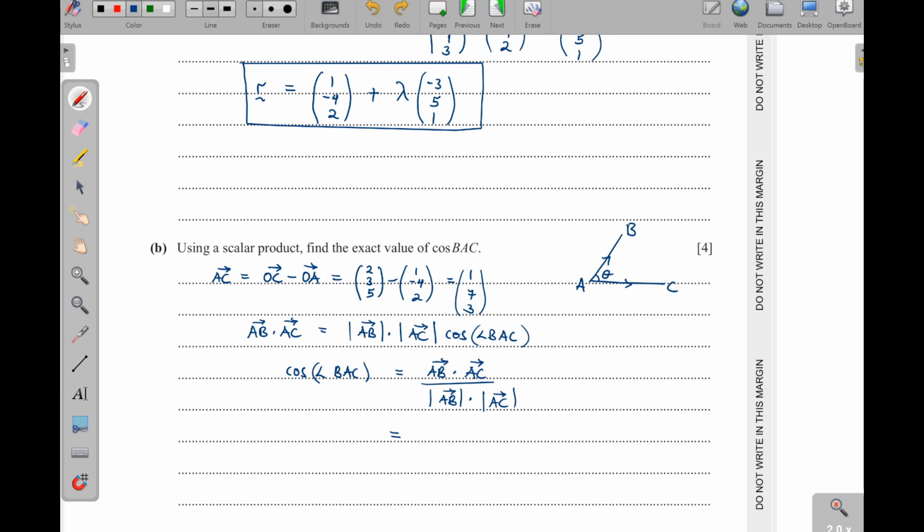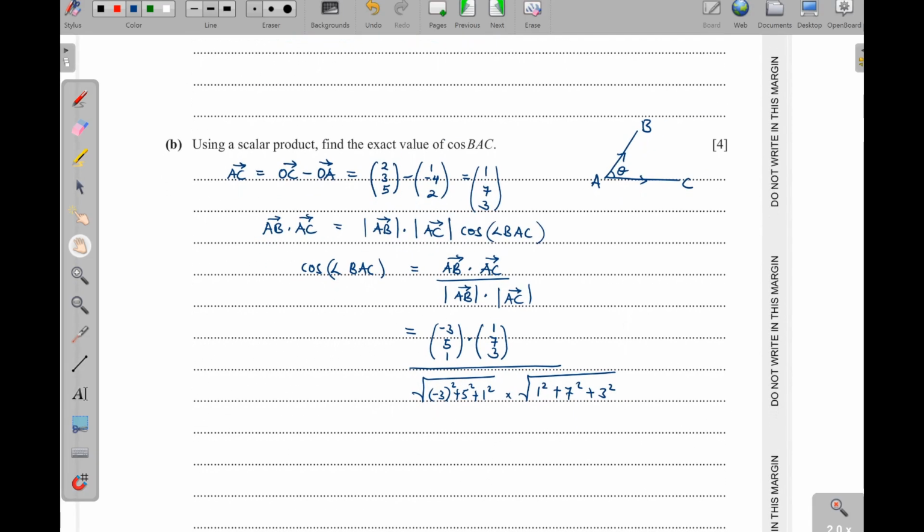What do we have? So what is our AB? It is (-3, 5, 1). We are dotting it with AC, which is (1, 7, 3). We are dividing by the square root of (-3) squared plus 5 squared plus 1 squared, times the square root of 1 squared plus 7 squared plus 3 squared.